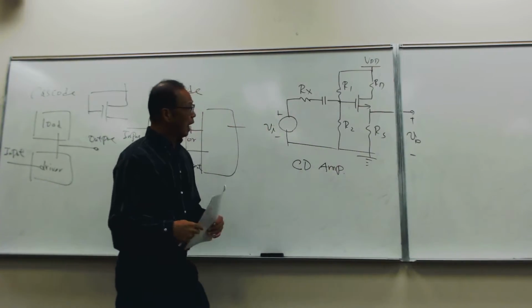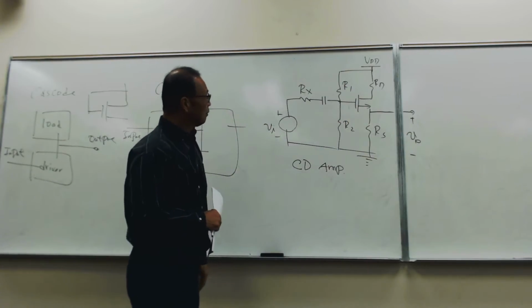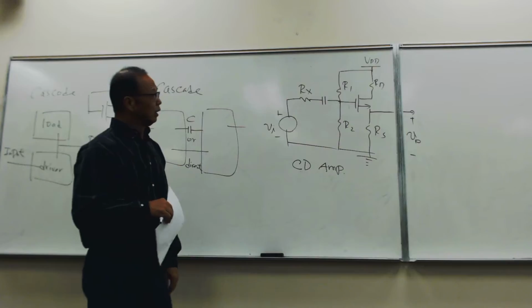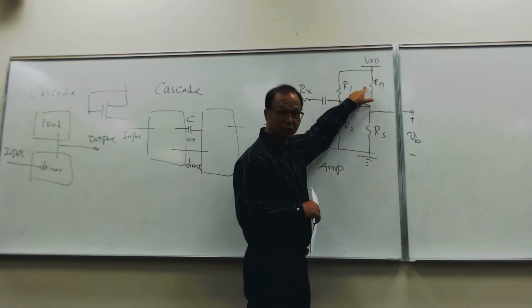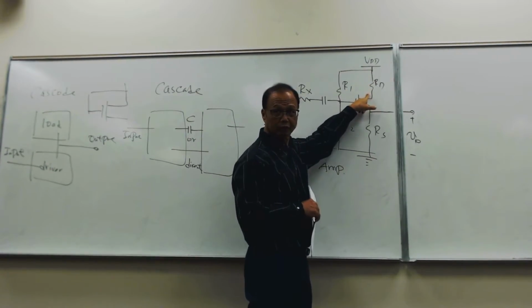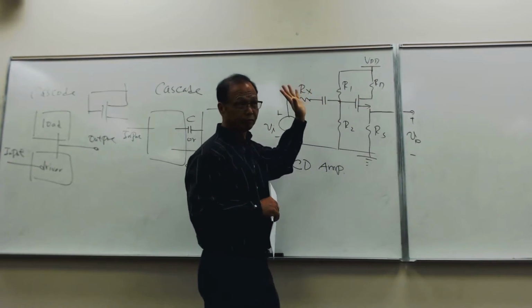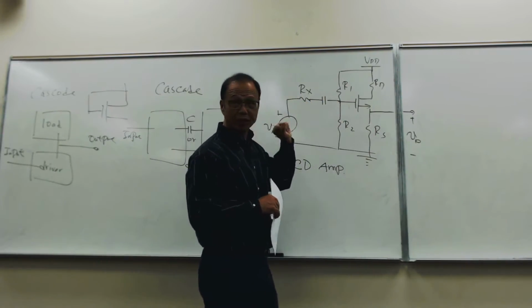Yes, because the output is taken from the source. Okay. Typically, I don't know if you notice, typically, when I do a common drain amplifier, there is no resistor connected to the drain. Okay, this is always a short circuit, to make it simple. Okay, but this time I try to make it more comprehensive.